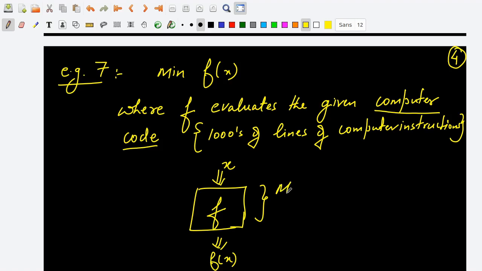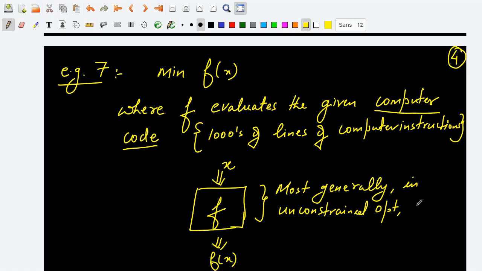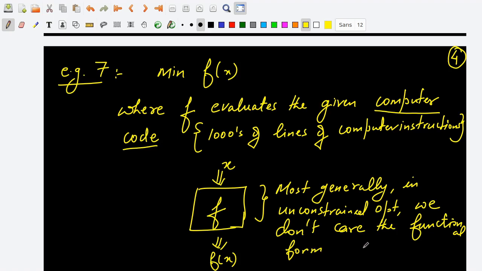So most generally in unconstrained optimization, we don't care what the functional form of f is.